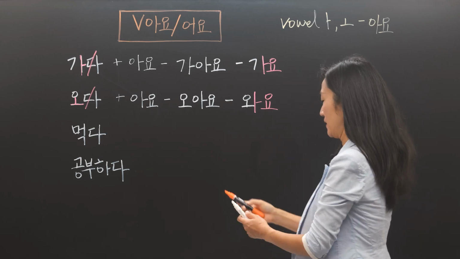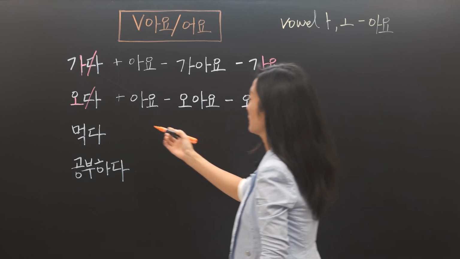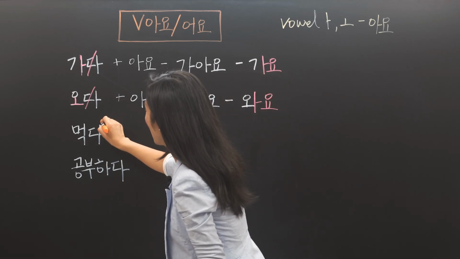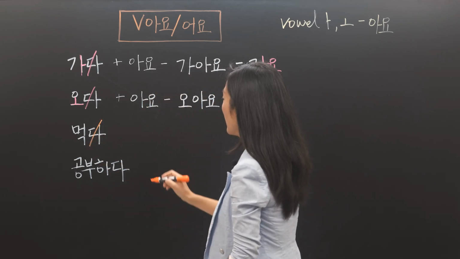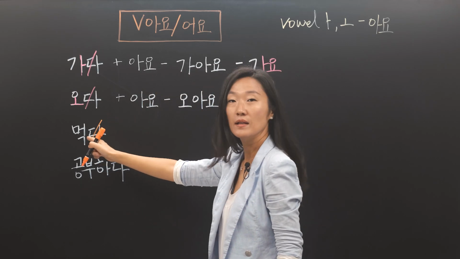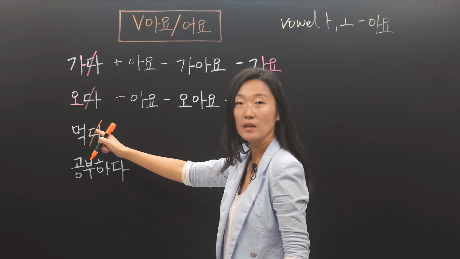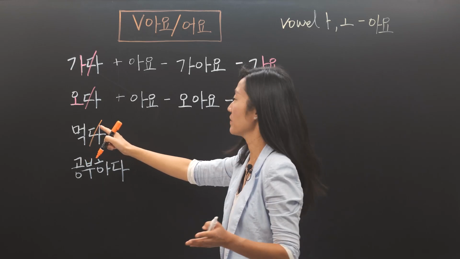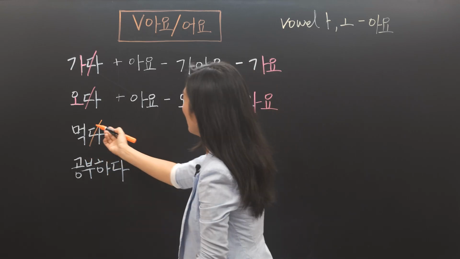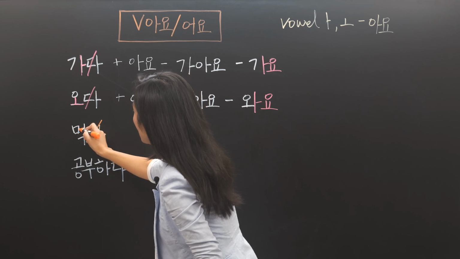먹다, to eat. So we have to remove 다 and look at the last vowel. It doesn't matter if there is a 받침. The last vowel is 어.